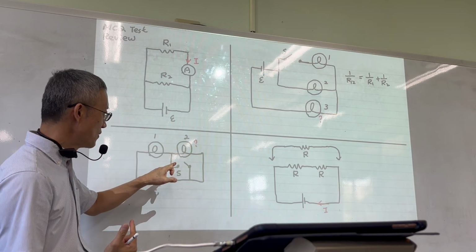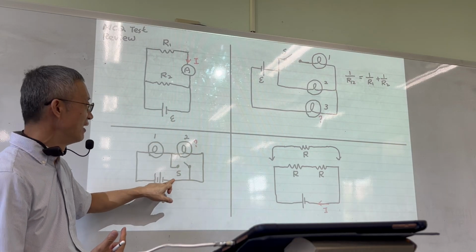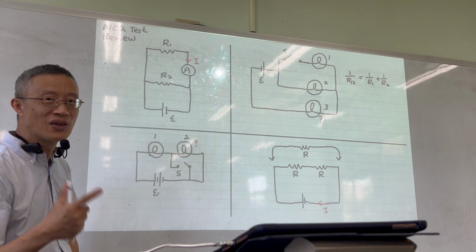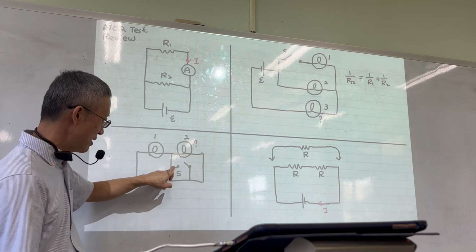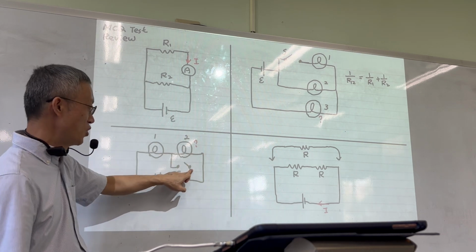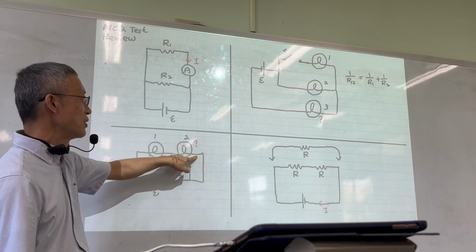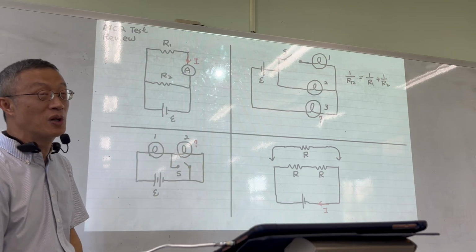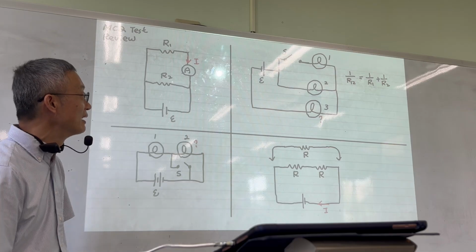However, unfortunately, this is a wire. Oh, so that end has no light bulb. Yes, so the current goes directly that way. That's like a wire, so all the current goes this way. So no current will pass through light bulb 2. Light bulb 2 will be off. Just like a wire.